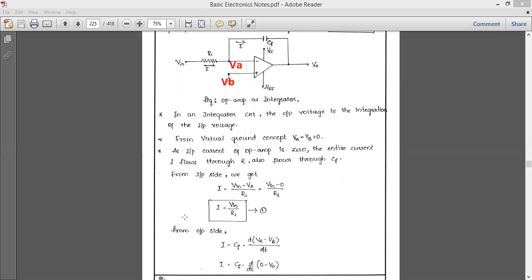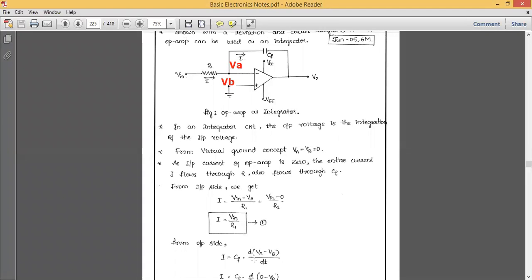Let us calculate the output current across the feedback. The current I is given by I is equal to Cf, that is the feedback capacitor, multiplied by d by dt of V naught minus Va, or simply we can write it as Va minus V naught.